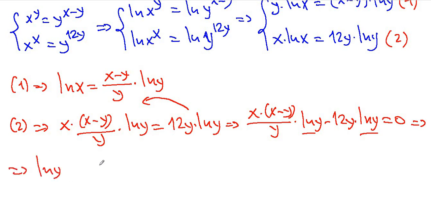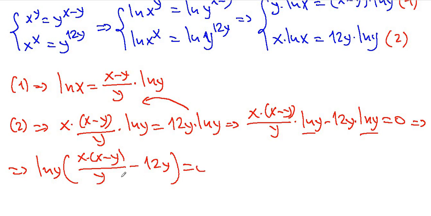Then I will get x times x minus y divided by y minus 12y is equal to 0. And as you can see, this product is equal to 0. Then I can equate each expression to 0. So therefore logarithm of y is equal to 0, and x times x minus y divided by y minus 12y is equal to 0.